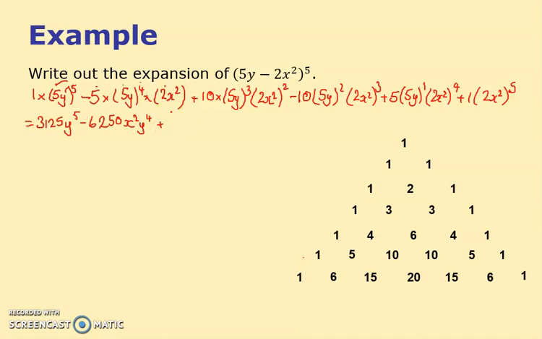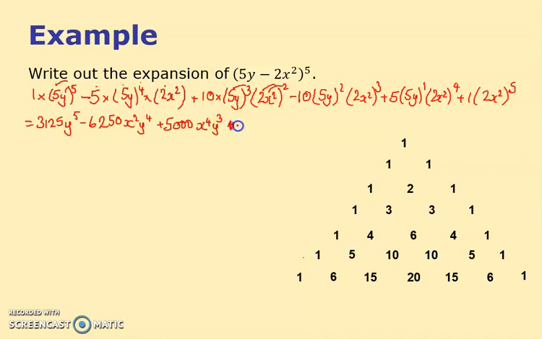Plus this time, I've got 10 times 5 cubed times 2 squared. I get 5,000, so notice you have to do both of those. So plus 5,000. Now, x squared has got to be squared. That's x to the 4. Y cubed.